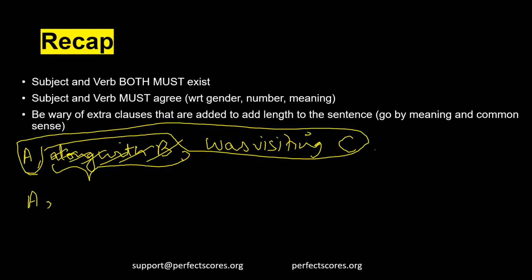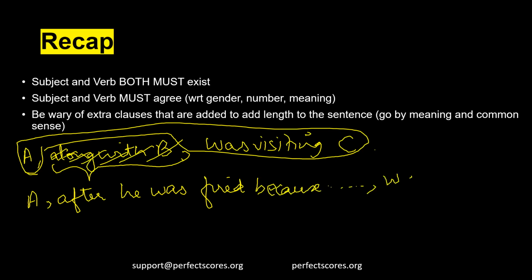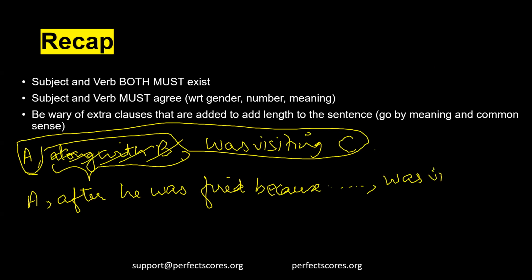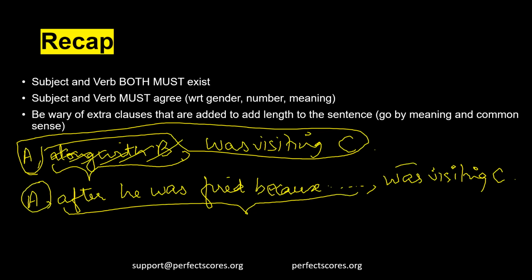Sometimes you have really long groups of words. For example, A, after he was fired because of something something that he did, was visiting C. So in this case, you have a lot of words between the subject and the verb.